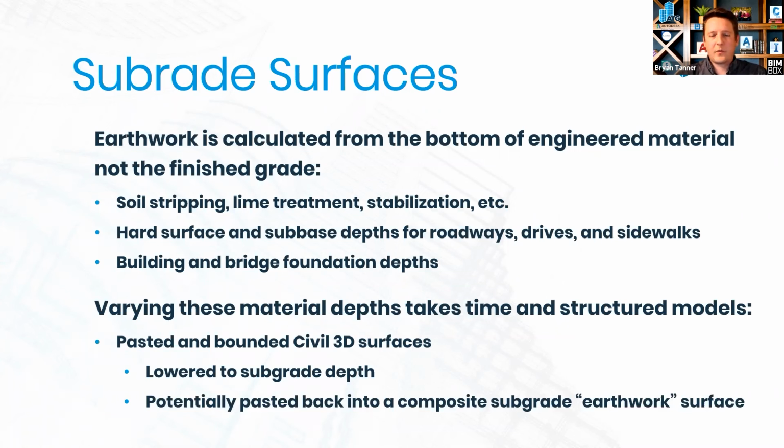It's another step further that you could take. Ultimately, we do need to know what the overall earthwork on a project site is. So pasting a subgrade depth back into a composite earthwork surface is just as valuable as having a corridor and a finished grade for a site design and merging those into a composite proposed finished grade surface.